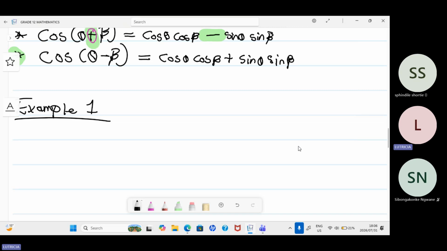Normally they won't give you the two angles. They'll just give you something like, let me start with the sine, sine 75, and you're supposed to solve this without a calculator. How you're gonna do this is look for two angles that you can get from the triangles that add or subtract.